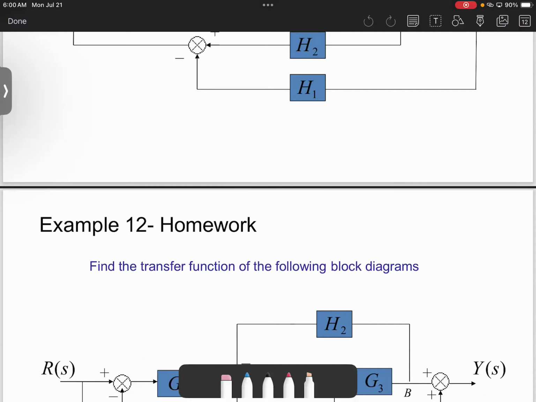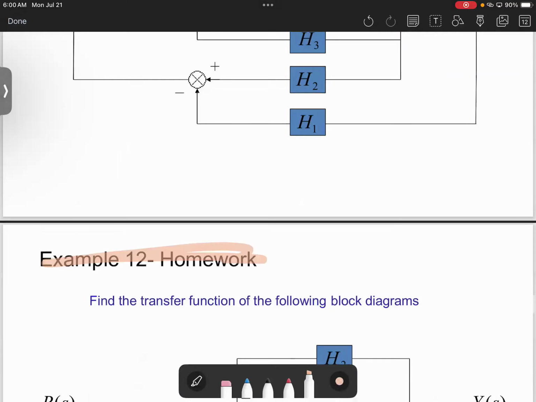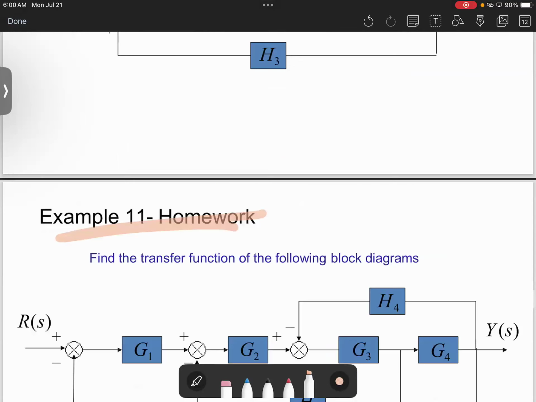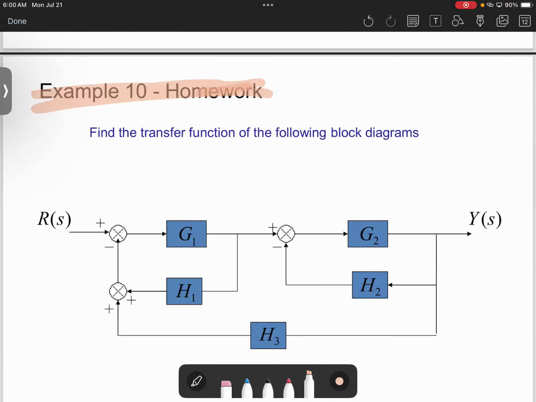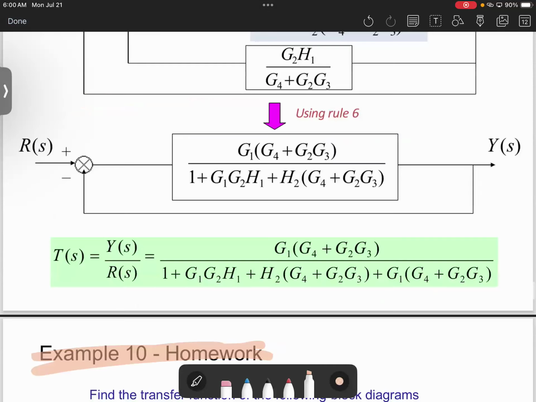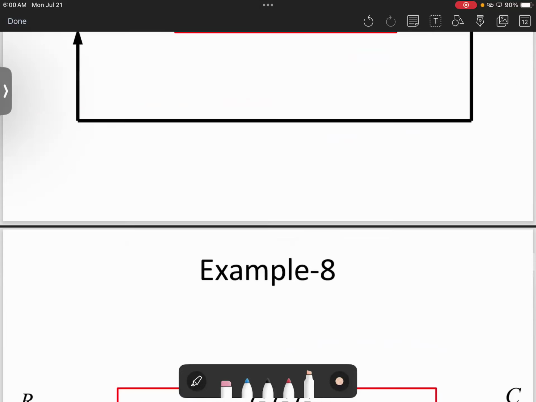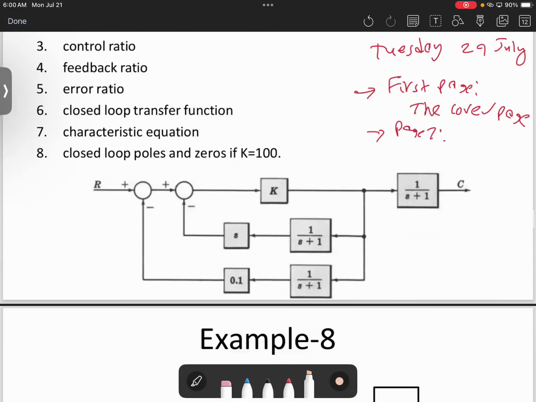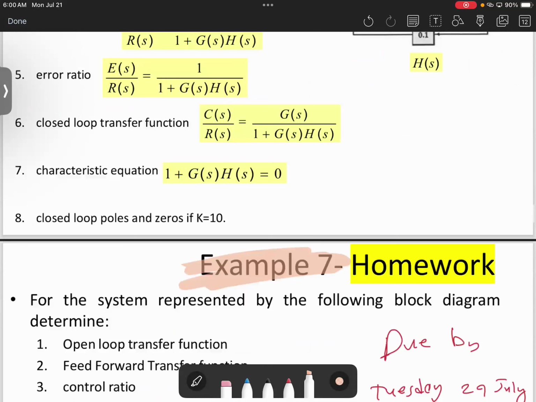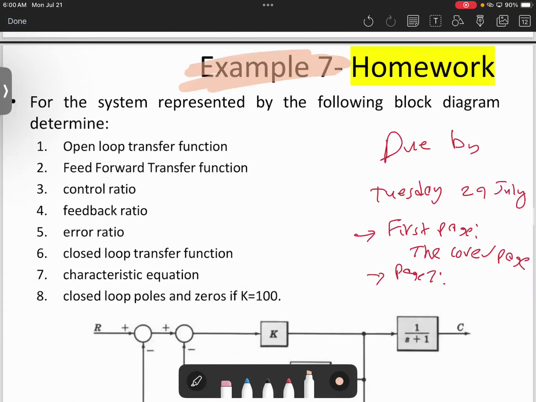Okay? So number 12, 11, 10: find the closed loop transfer function. However, number 7, where is it? You need to find these 8 unknowns, okay? Again, the homework has 4 problems.